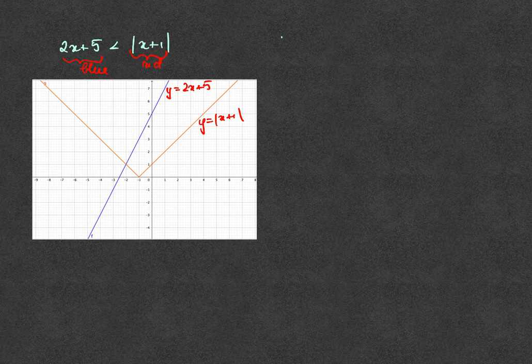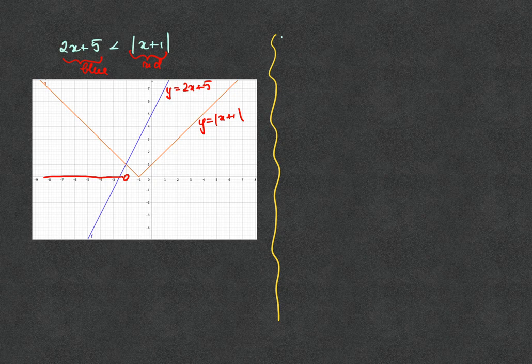So the blue one is below the red one here, meaning that x is from minus 2 down to minus infinity.